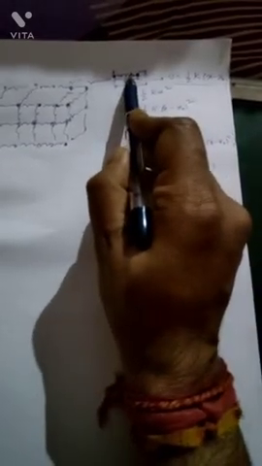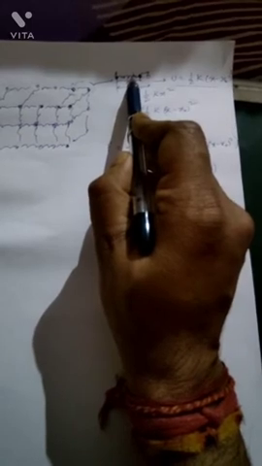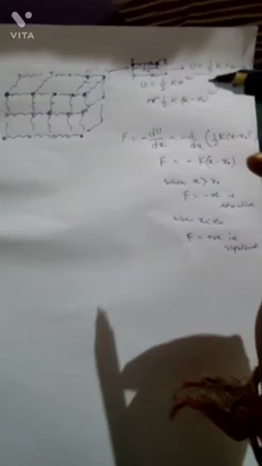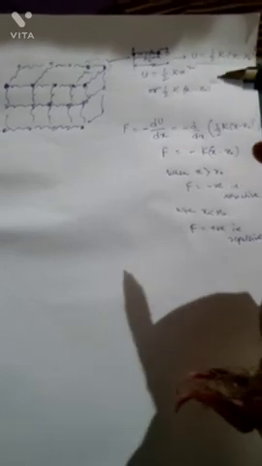So the force generated will be repulsive, that is, it will again try to move toward the equilibrium position. So the force generated during stretching or compressing of a spring is such that it tries to restore its position in equilibrium position. That's why it is called restoring force.